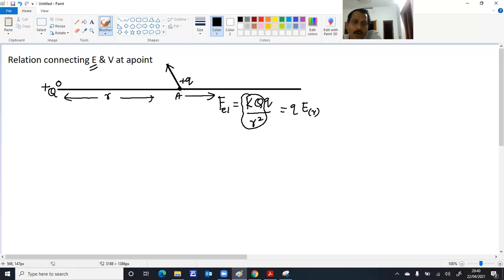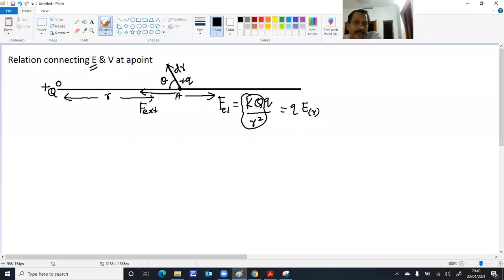Now, to overcome the effect of the source charge, the external agency has to apply the same force but in the opposite direction. So this is the external force. This will be the angle theta between the displacement and the force.